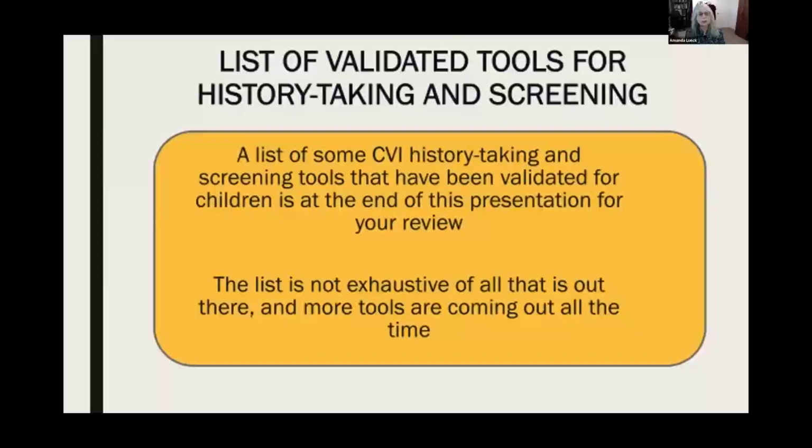The list is not exhaustive of all that's out there, and more tools are coming out all the time, so you have to be on the lookout for them. We're not able to go through every tool that's available in a 1-hour webinar, so we're just going to present some of the tools that can highlight some of the issues for you.